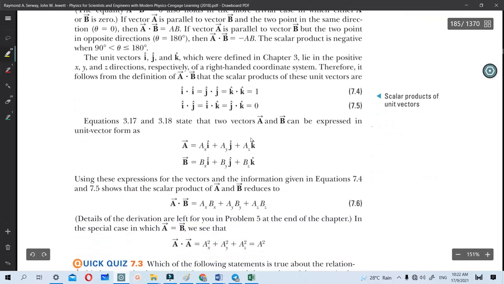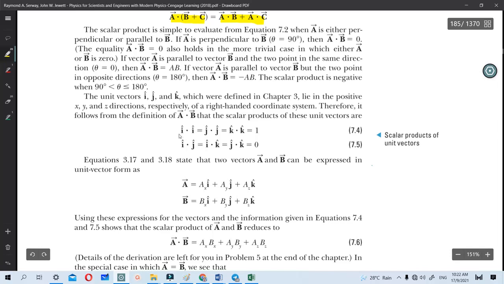Nevertheless, it's also important to note that the dot product of I with I hat, J with J hat, and K with K hat is equivalent to 1. Why? Because they are in the same direction. The simplest way to understand it is cos 0: they are at angle 0 with one another, so cos theta becomes 1.